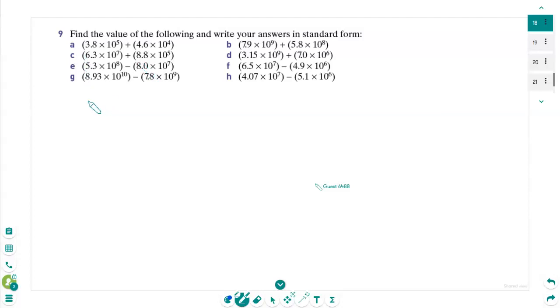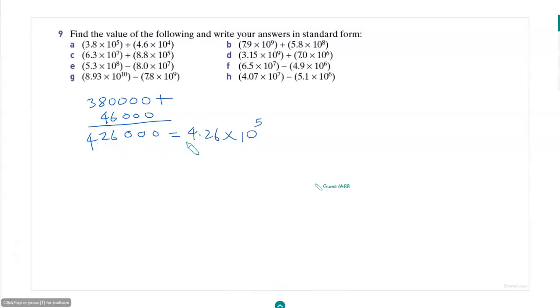So you would do 38,000 plus, how much will that be? 46,000, right? Then you will add it, and then you can write 4.26 times 10 to the power 5. Yes. So that's one way of doing this.